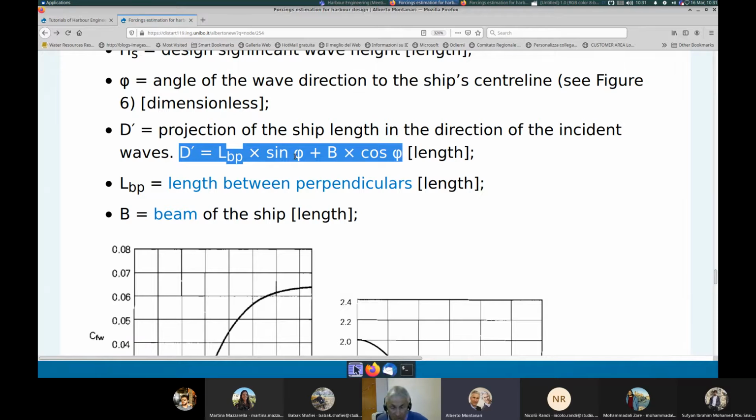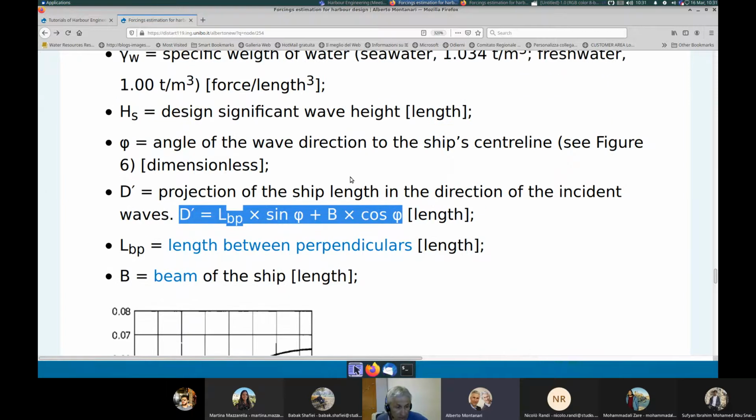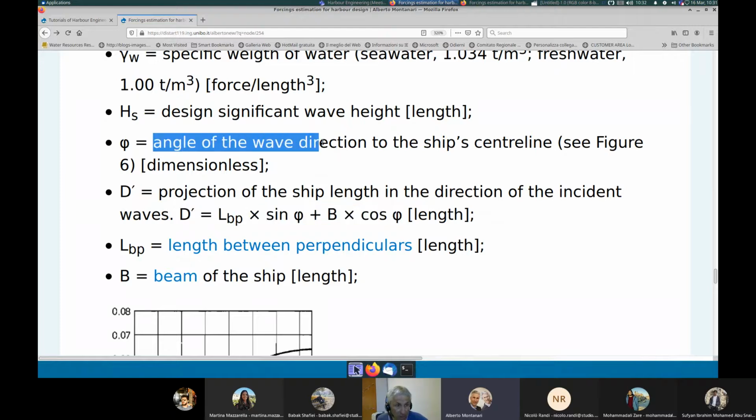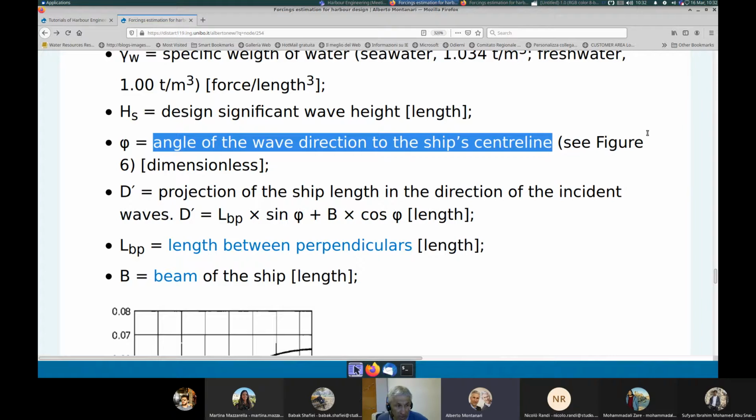We will see what phi is, okay? Plus the beam times cos phi, okay? Now, what is phi? It's the angle of the wave direction to the ship center line, okay? And here it says, see figure 6. Let's look at figure 6.